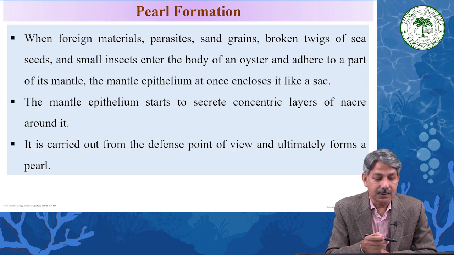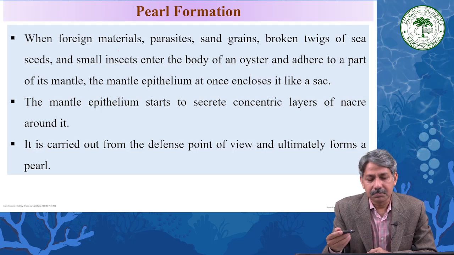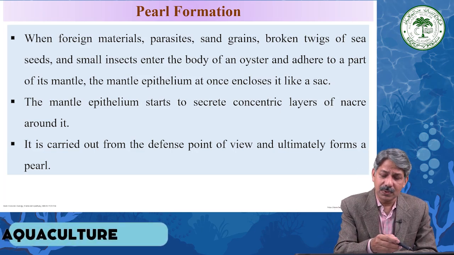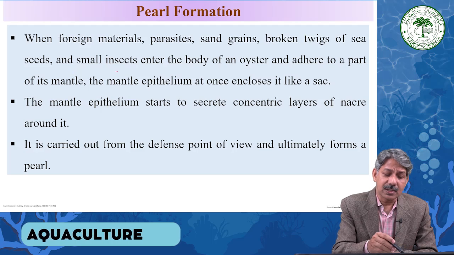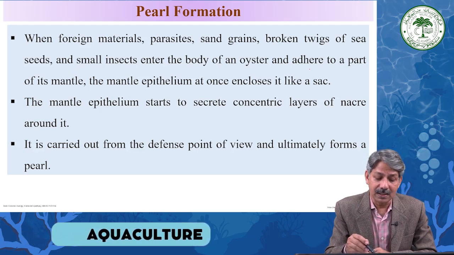In fact, the pearl formation in these oysters occurs as a sort of natural activity when any foreign material, like parasites, sand grains, broken twigs of seaweeds, and small insects, enters the body of an oyster and adheres to a part of its mantle.